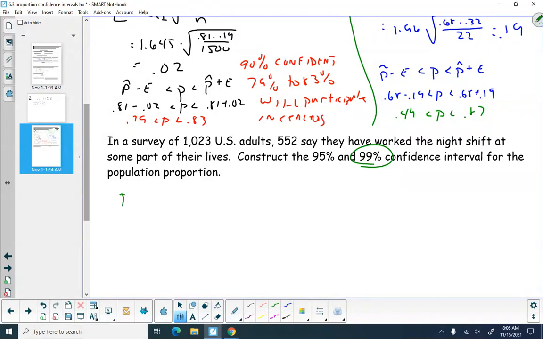So calculate your p hat, q hat, get your Z for your 99%, calculate your error, and form a confidence interval for the percent of people that have worked a night shift. Check your answer with somebody around you.